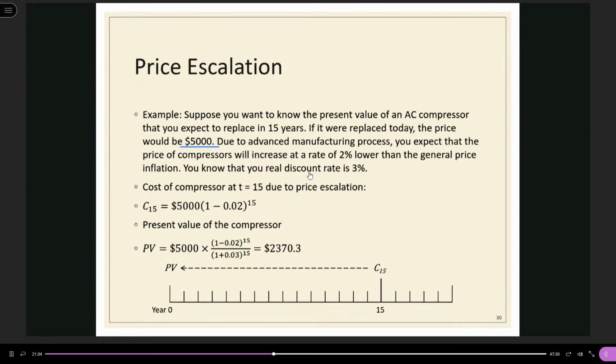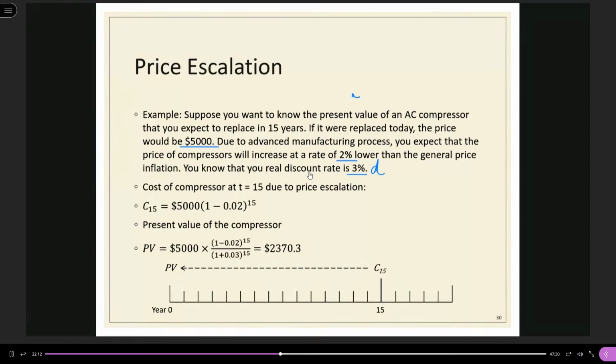So it means that the compressor will be getting cheaper, or it will not increase as fast as the inflation. And your real discount rate is 3%. So this 3% is D, and this 2% is E.